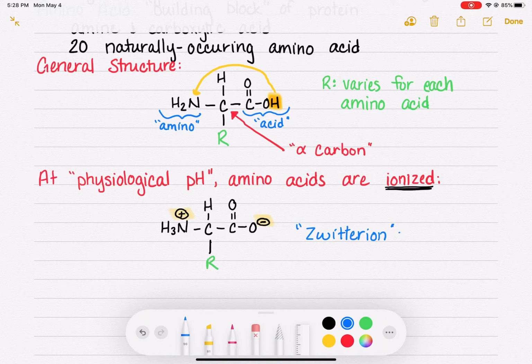So a Zwitter ion is an ion that has both a positive charge and a negative charge.